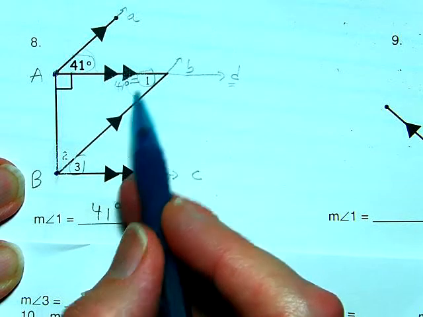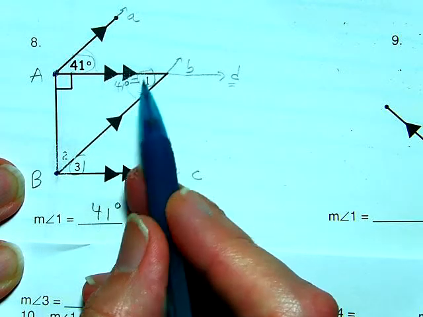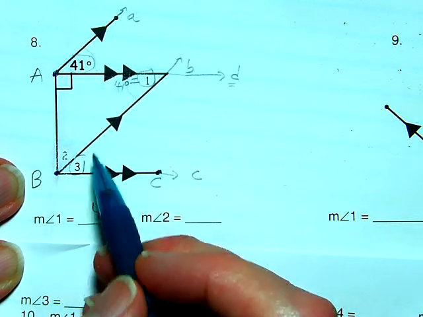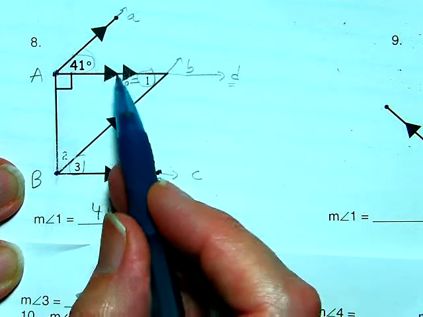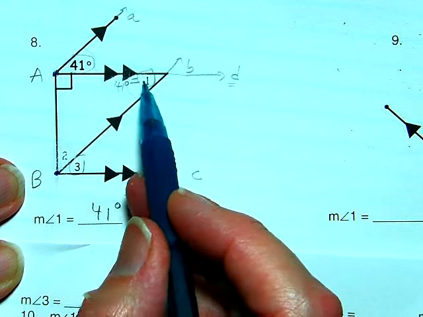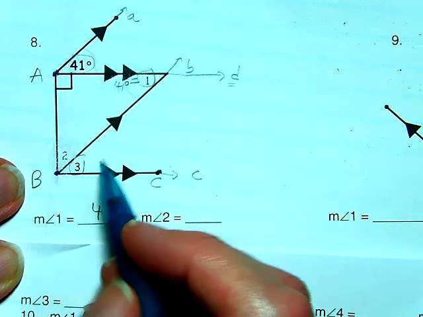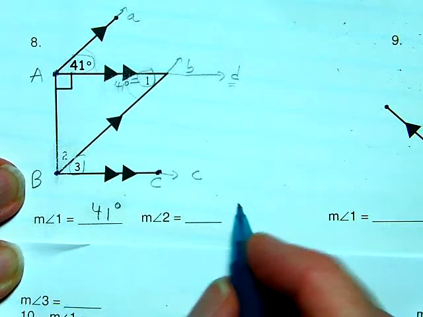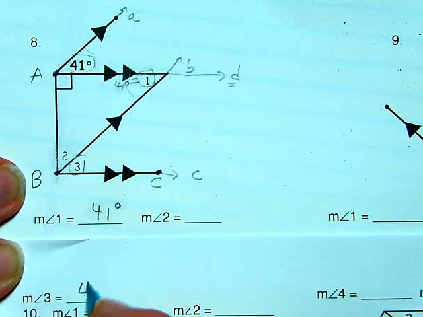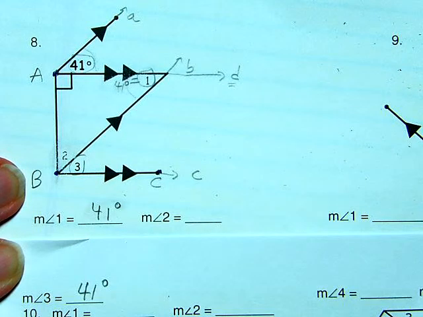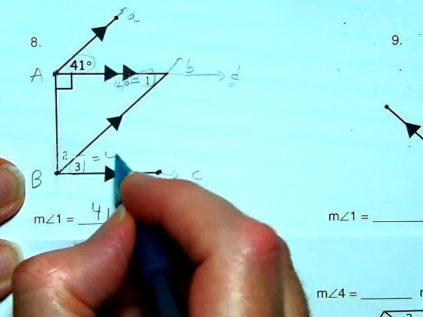And you'll notice they're on opposite sides of the transversal B, and they're between the parallel lines C and D, which makes them also alternate interior angles, and therefore they are also congruent. So angle 3 down here is equal to 41 degrees as well. We can put that here, 41 degrees.